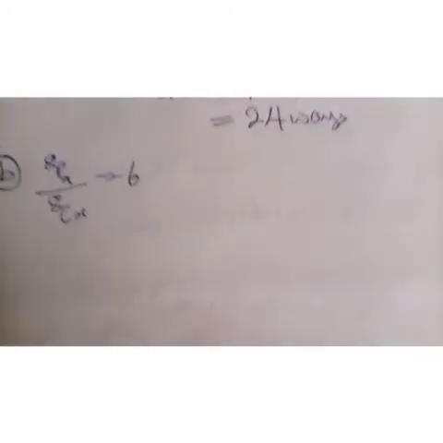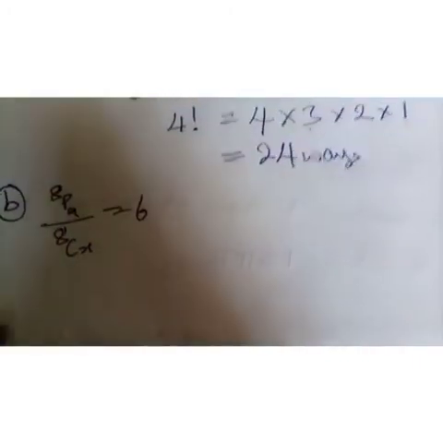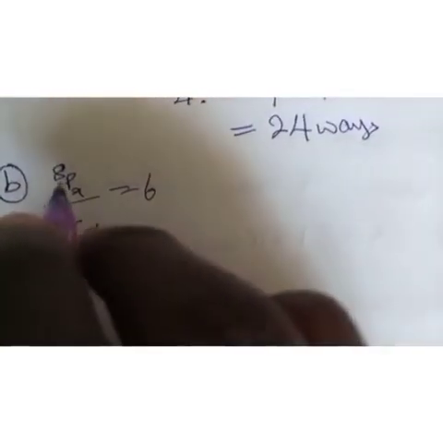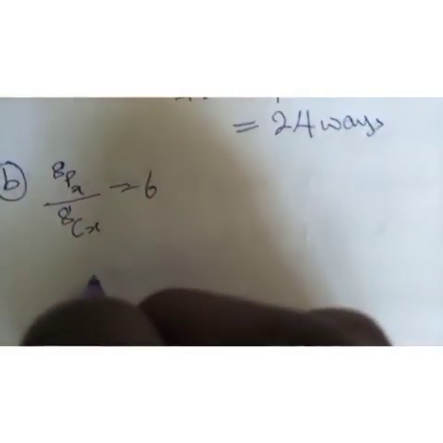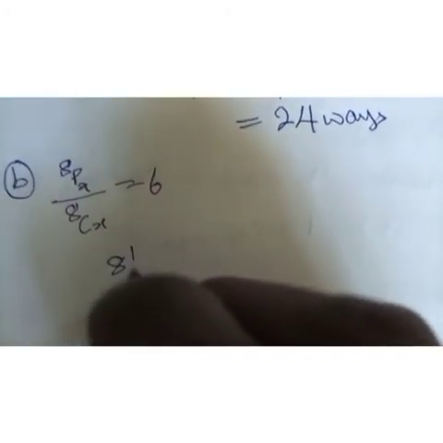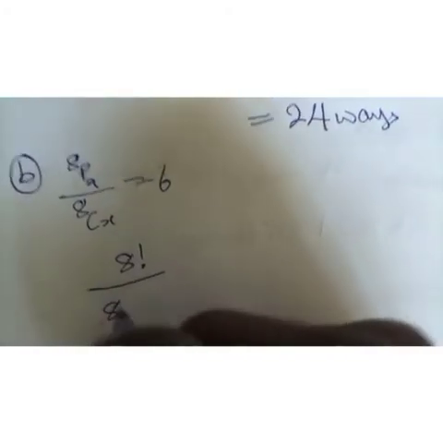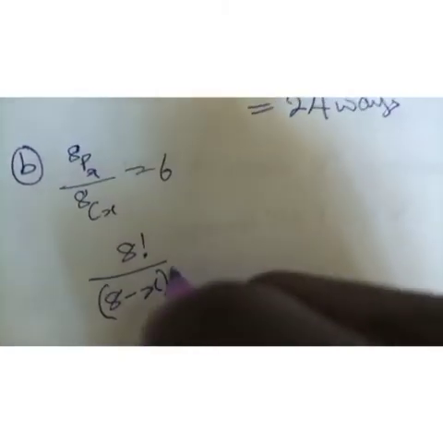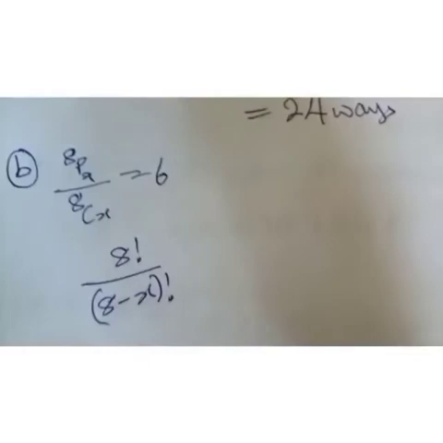Okay, all right. So when we have this, 8 permutation X is 8 factorial all over 8 minus X factorial.